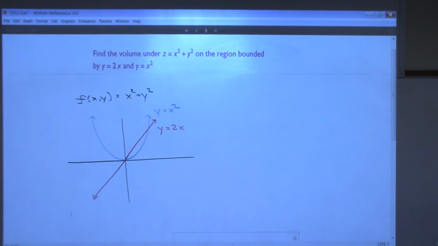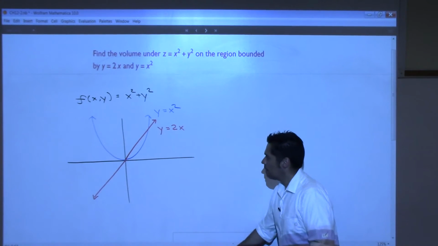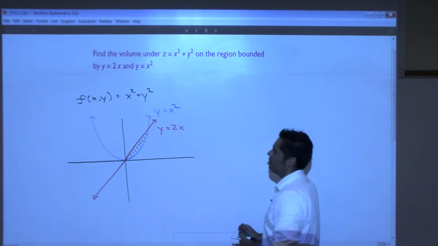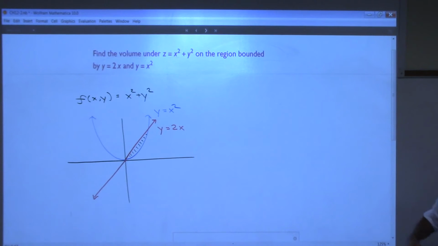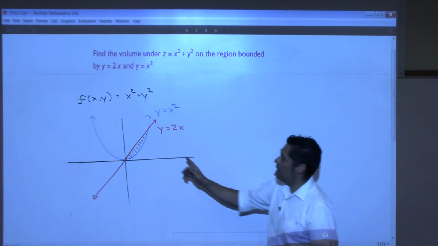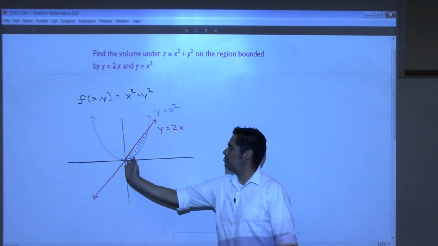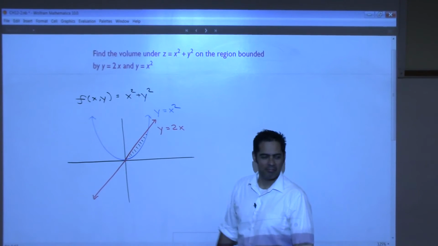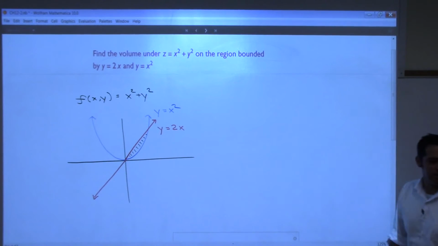We all see the region? It's that little sliver, right? How do I know that 2x is above x squared? I'm saying when I drew it, I put the red one up there. Why? How do I know the red one doesn't come out over here? You could plot a couple of points just to verify.